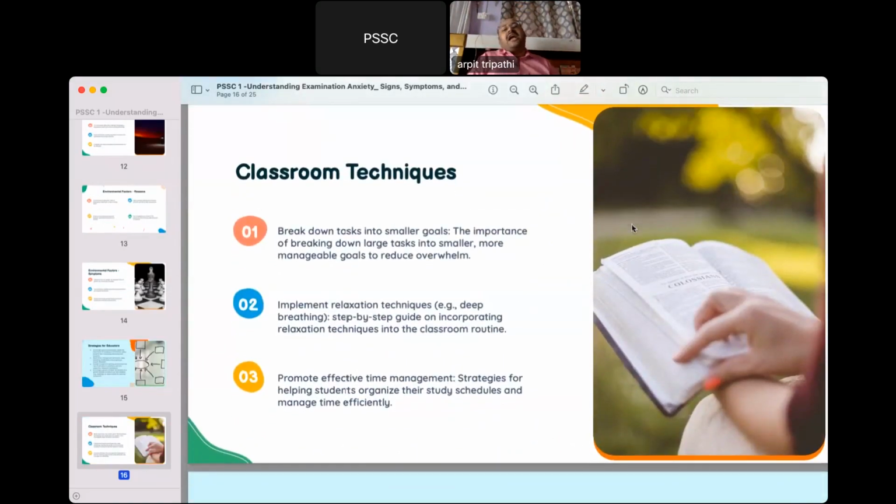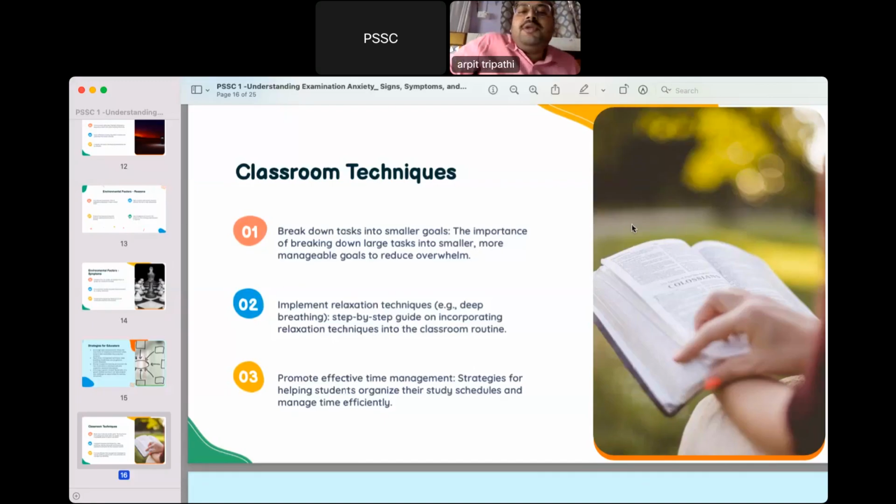What could be the classroom technique as an educator? Break down the task into smaller goals. Maybe you are a good teacher, very good teacher, but when you are teaching a child and all the learners sitting inside the class are different kinds of learners, they learn in different patterns, in different ways.